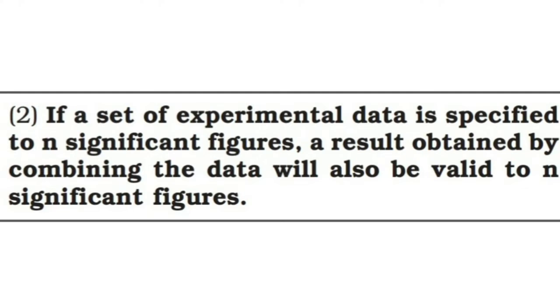So in all calculations we have to be very careful, especially in multiplication or division, where we work in terms of significant figures. But in addition or subtraction, we have to look at the number of decimal places. So that is the second rule.